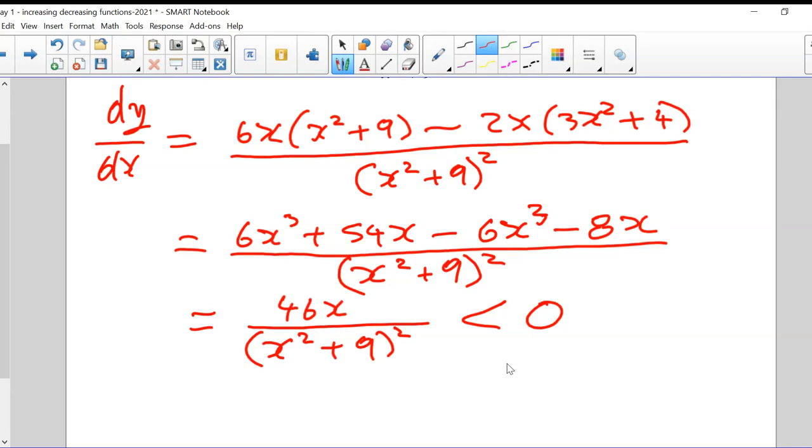So all I'm saying to you is this: since the bottom of this function is always positive, the only time that this function can be negative is if the top is negative, right? So we should be focusing on the top, the 46x. When that is negative, the whole thing is negative because the bottom is always positive.